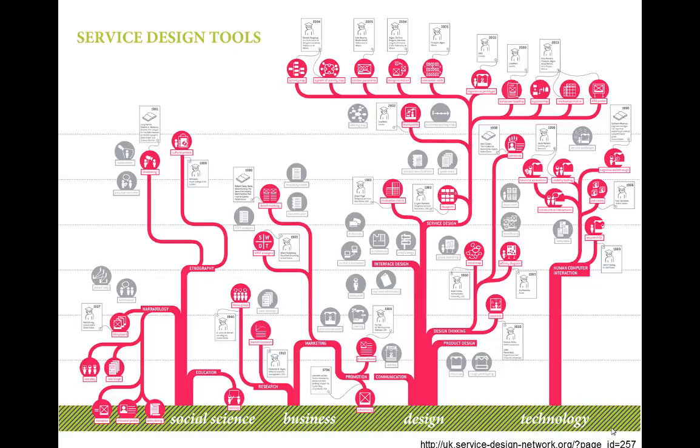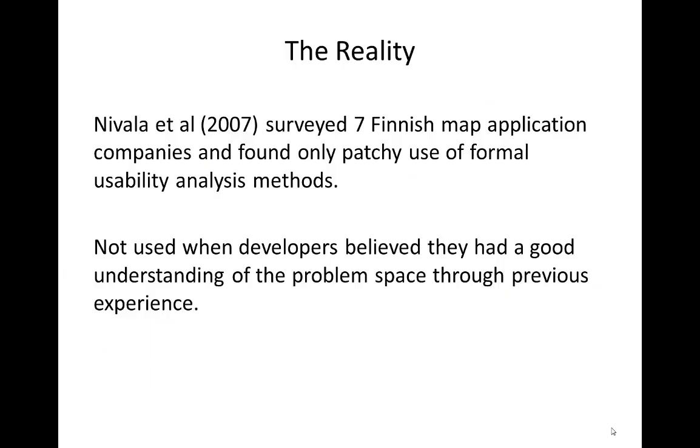Some come from the design side of things, design thinking, service design. I really don't know much about these. Then from the business side regarding marketing and research, and also those from the social sciences. This is quite a nice diagram because it has the various tools and where they've come from and when they were invented and a little bit of text on them. So I quite like that diagram. I'd advise you to have a look at it.